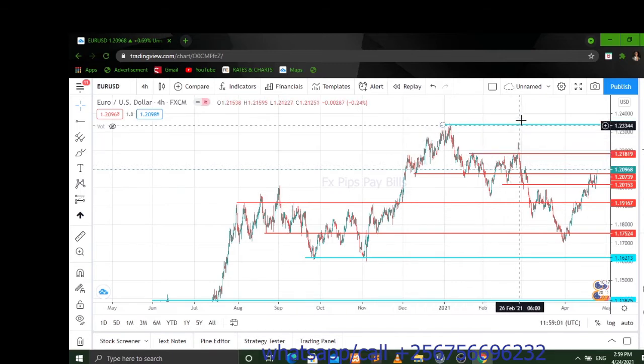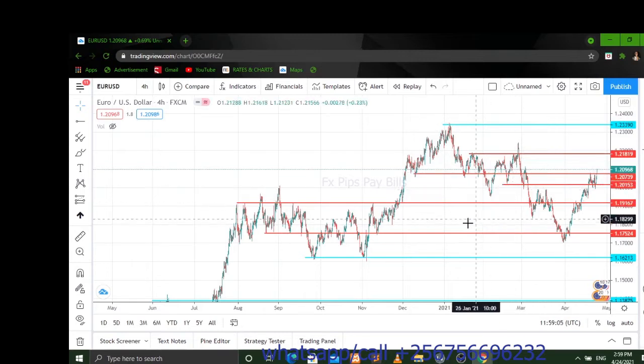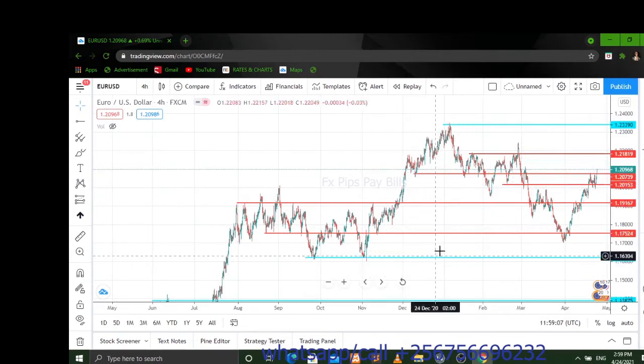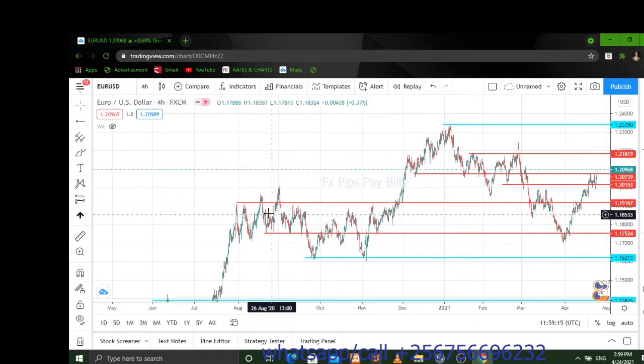So we can count here 1, 2, 3, 4, 5, 6, 7, 8. So here we have 8. The number always goes around that. So you can see here that every time market comes here, it lies within here, and it bounced when it breaks out.